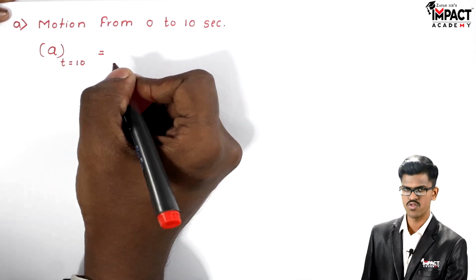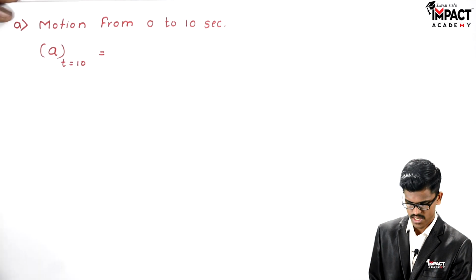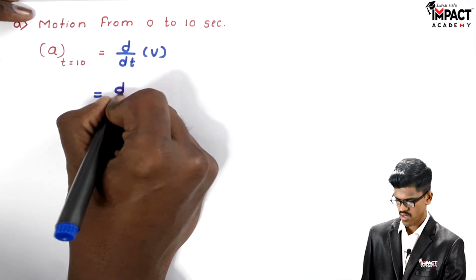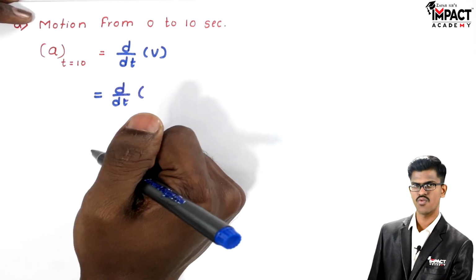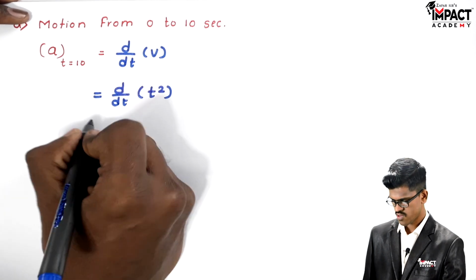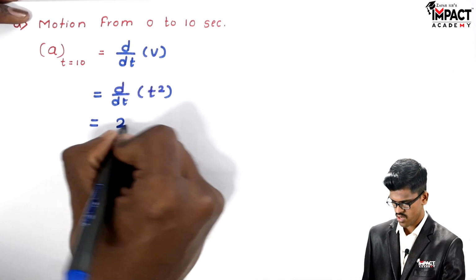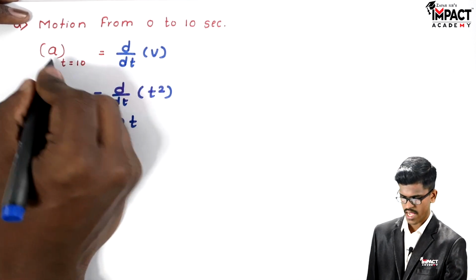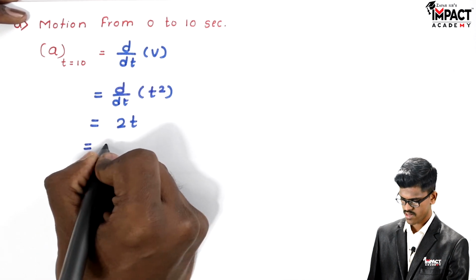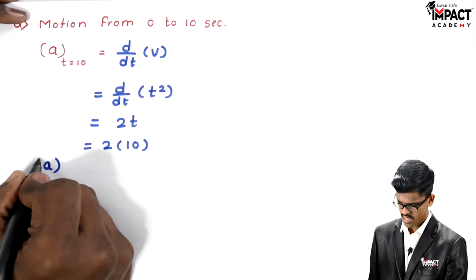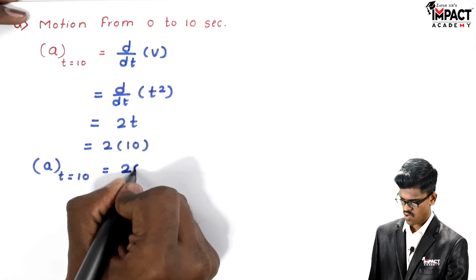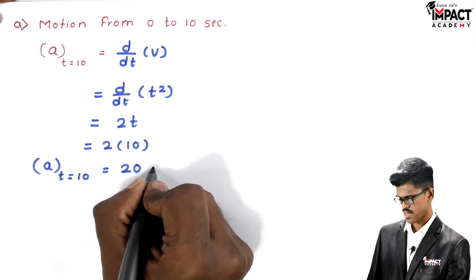To find the slope we use the application of the derivative. We know the equation of velocity, that is t square. If you differentiate this, we get 2t. We have to find the acceleration when t is equal to 10 seconds. Then the acceleration when t is equal to 10 seconds is 20. The unit is meter per second square.